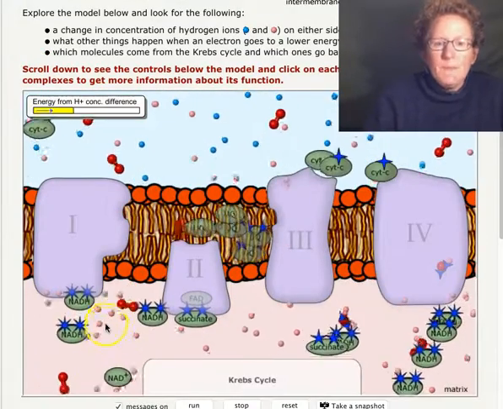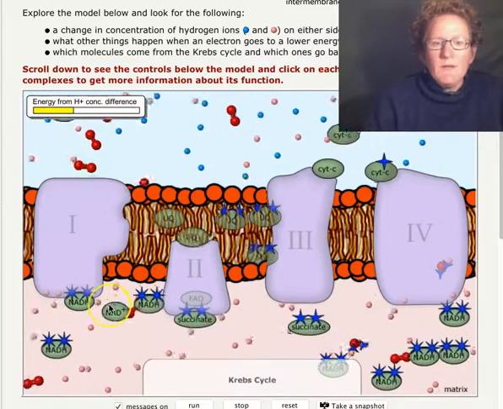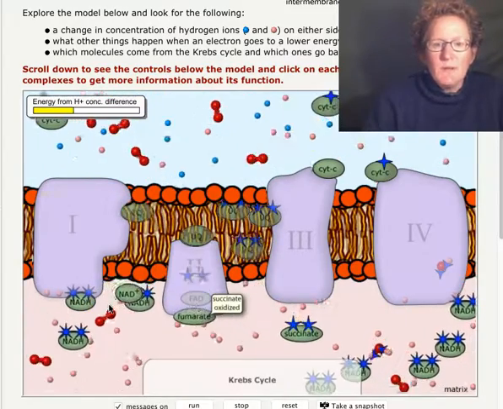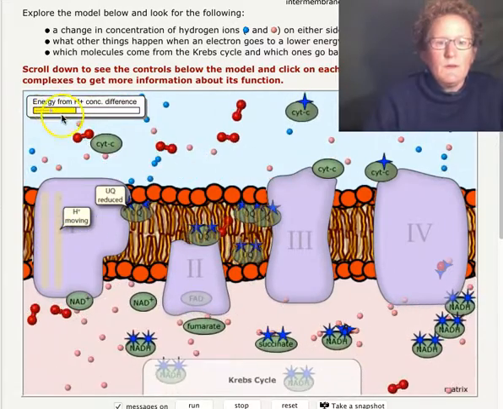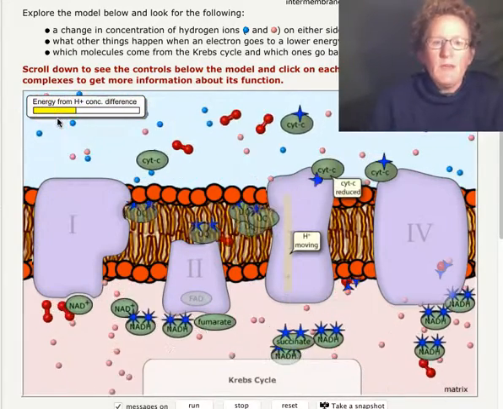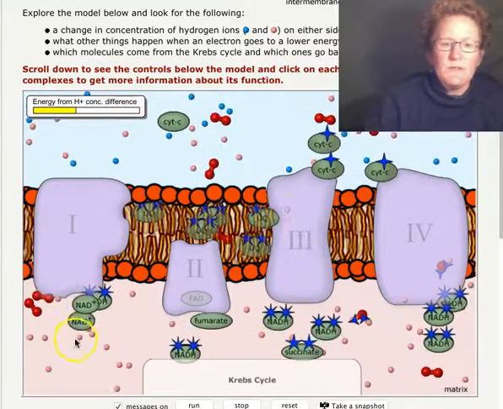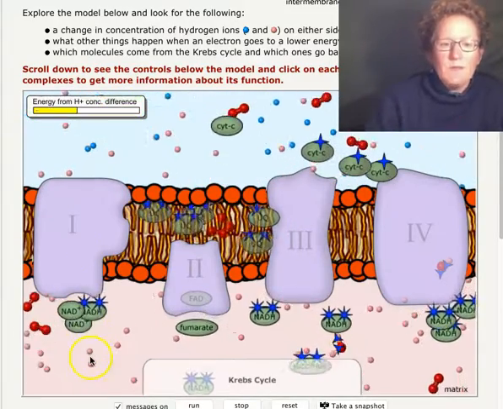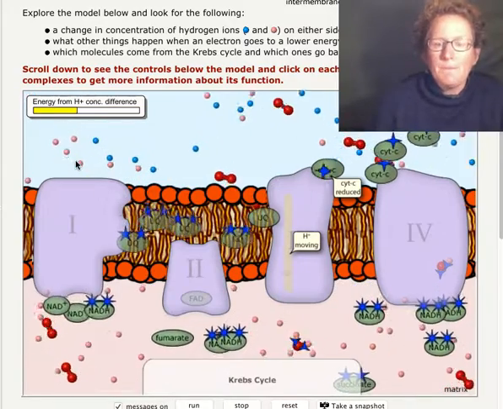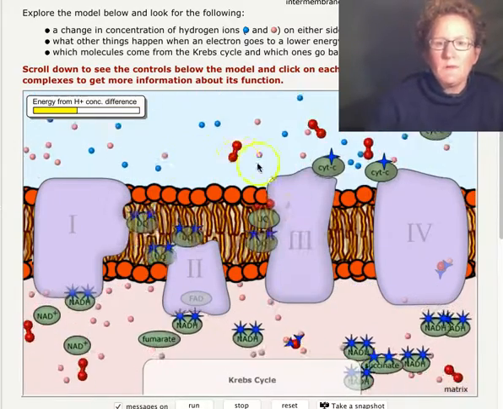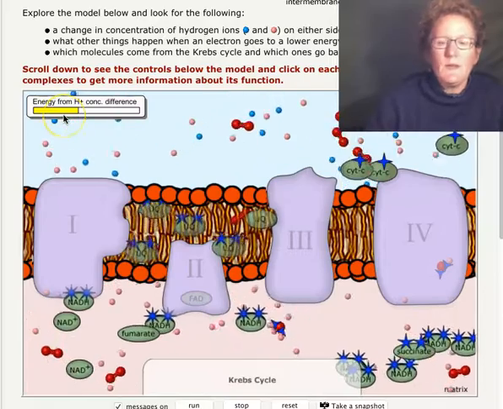So you can see these hydrogen ions are being pushed across the membrane. You'll see little yellow channels appear, and then watch this here. You get energy from the H plus concentration difference, these hydrogen ions being pushed across to create electrical potential. Here one goes, and then you can see the energy.